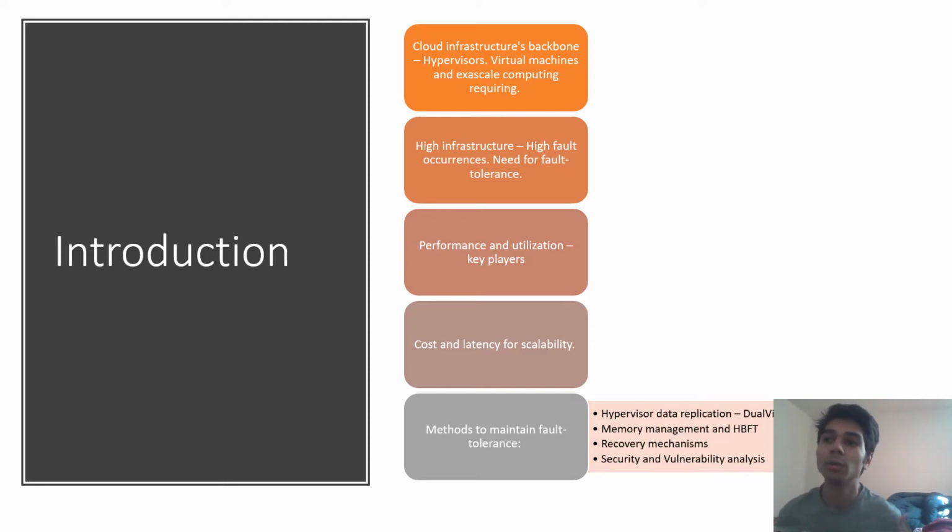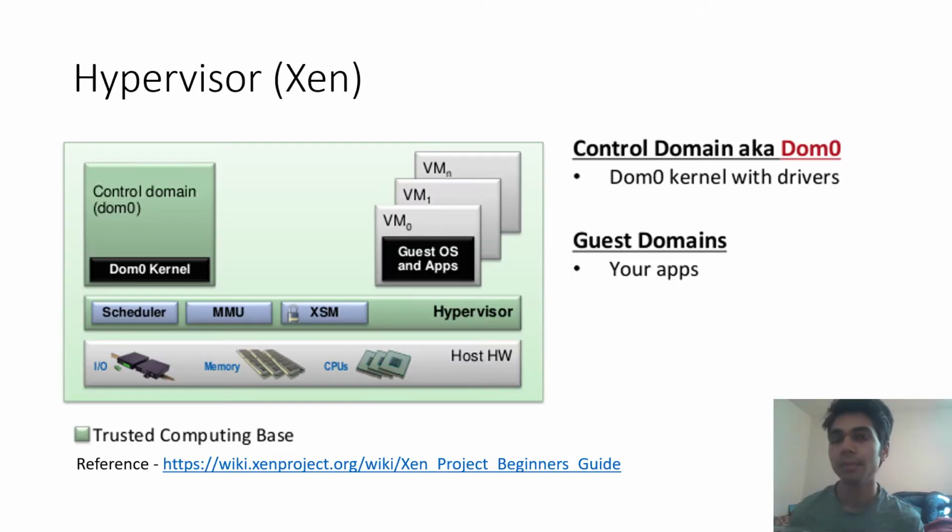And we look at how to efficiently conduct our research and look for loopholes, security loopholes, vulnerabilities, and we also discuss the various mechanisms such as data replication, memory backups, and failure and recovery mechanisms, and of course the security and vulnerability assessment.